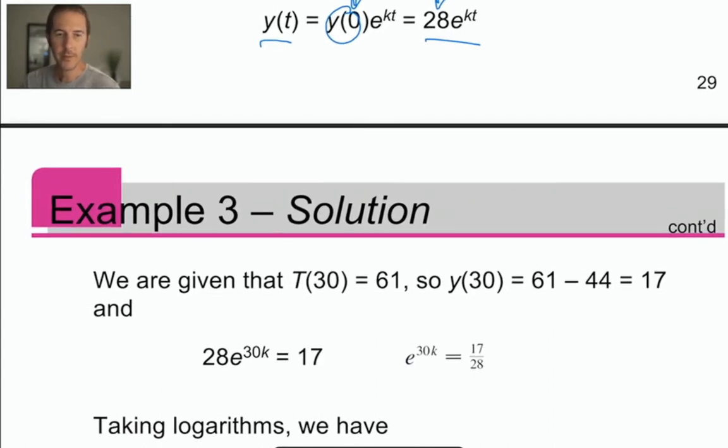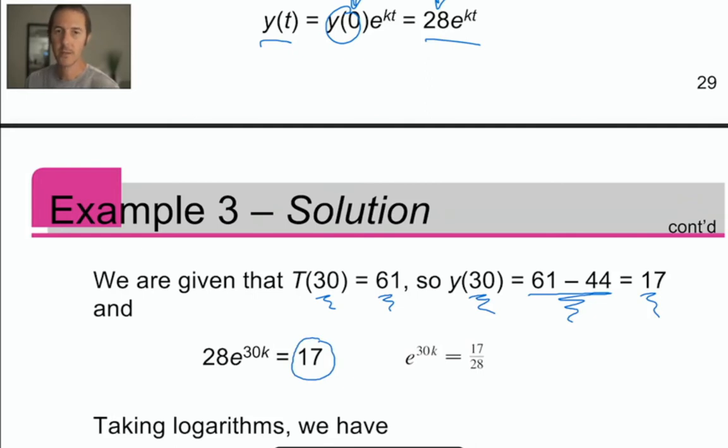All right, so we're given that 30 minutes later, the temperature of our object is 61 degrees, which means that 30 minutes later, the difference between the temperature of our object and the ambient temperature inside the refrigerator is only 17 degrees now. And so we see that 17 appearing on the right-hand side of the equation because that is y of t.